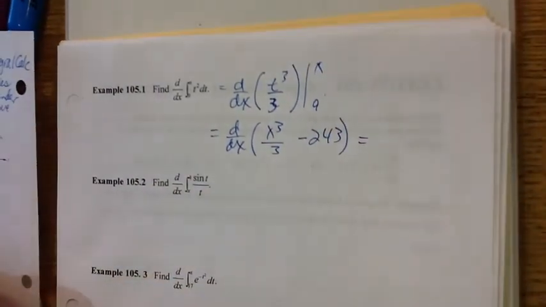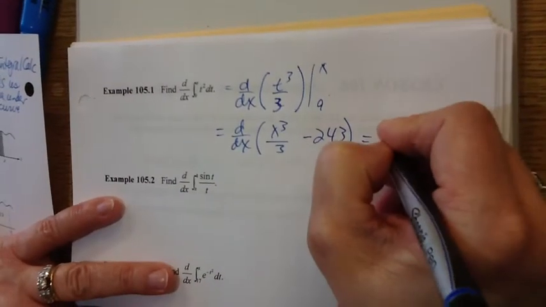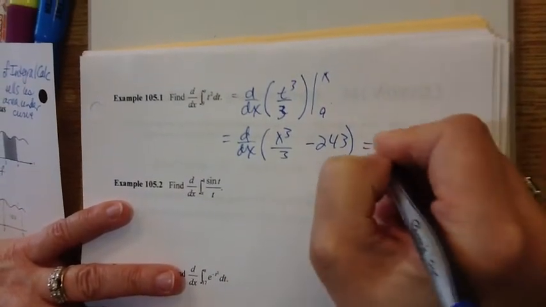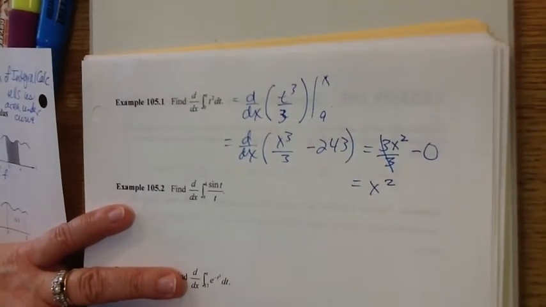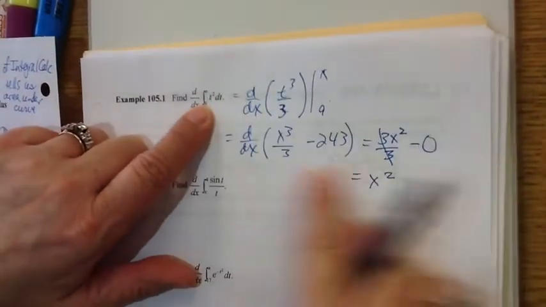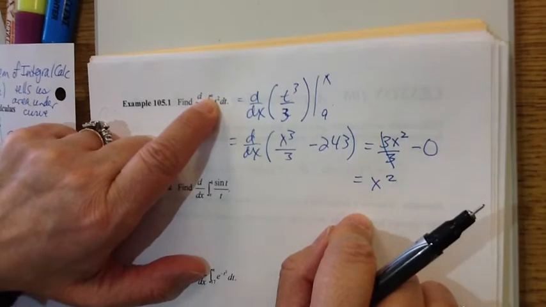What's the derivative of x cubed over 3? Wait, isn't that the same thing we just had? What you're finding out is you don't need to do this step once you realize that it's just going to be whatever this top limit is.